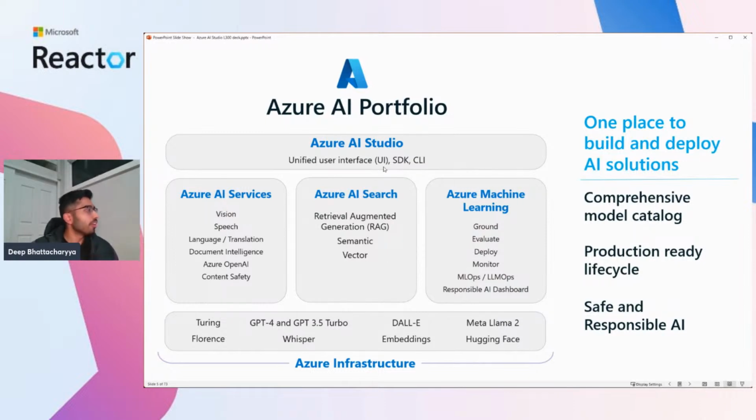It's a portfolio of different services, which is all encompassing. So rather than going to, for example, Azure Search, the GitHub repository, and then deploying it in App Service, and then using all these other different services, Azure AI Studio gives you one place to train your AI, to build and deploy your AI solutions. And then you can use the built-in UI that exists within AI Studio.